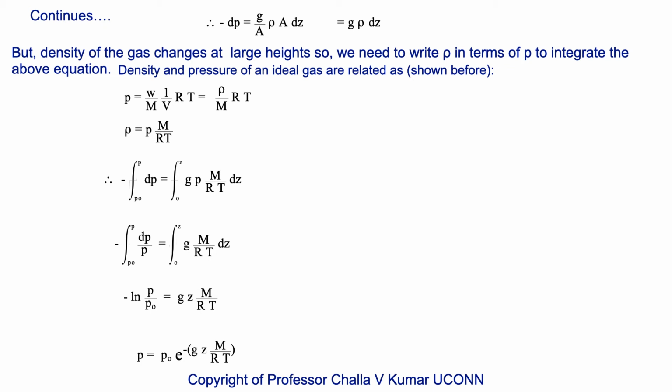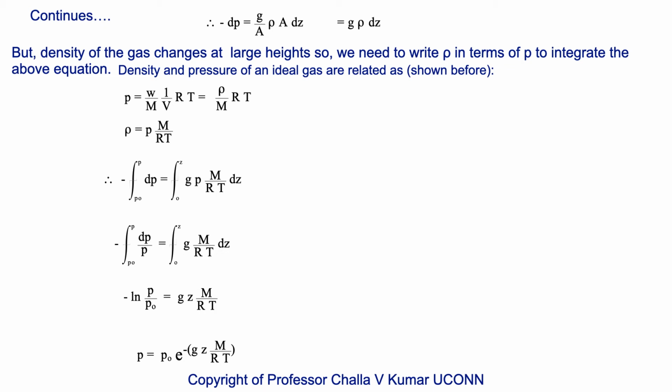So P is then equal to P0 e to the power minus, in parentheses, g, acceleration due to gravity, z, the height of the gas column, M, the molar mass of the gas, divided by RT. R is our gas constant, T the temperature.